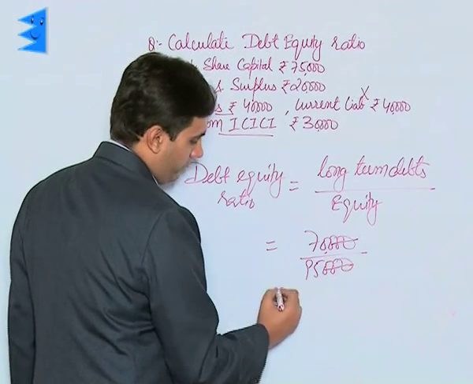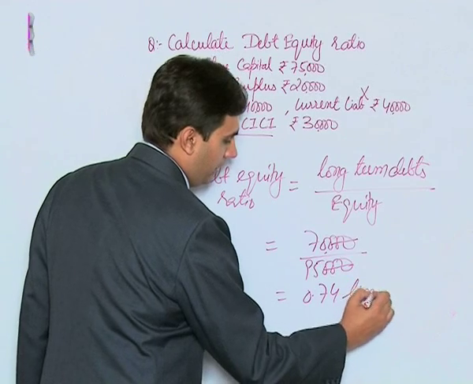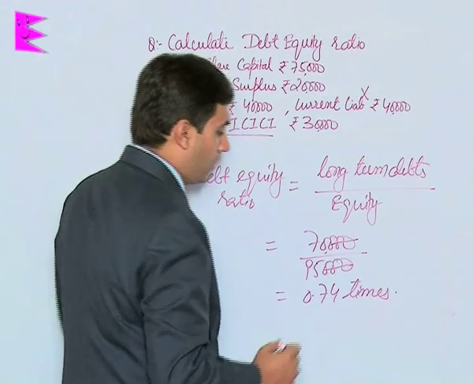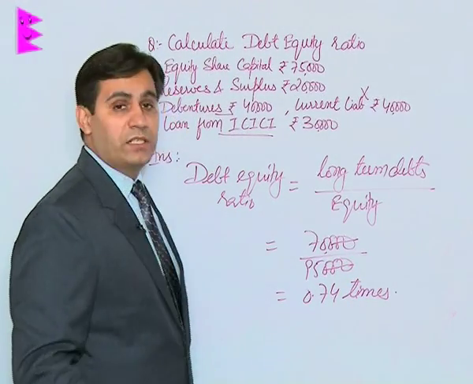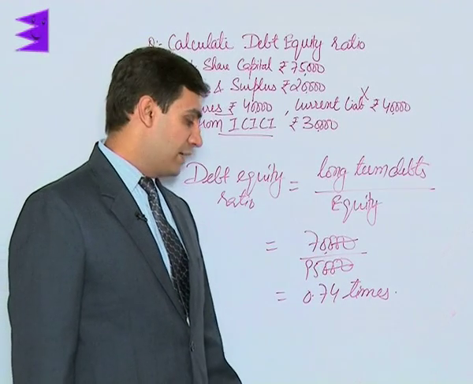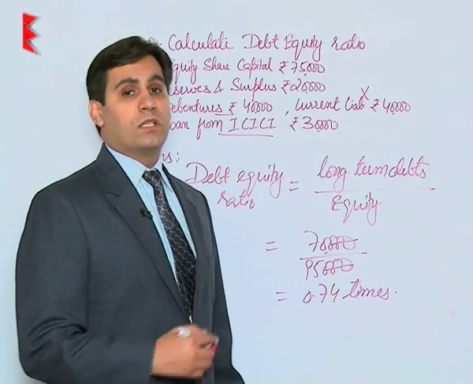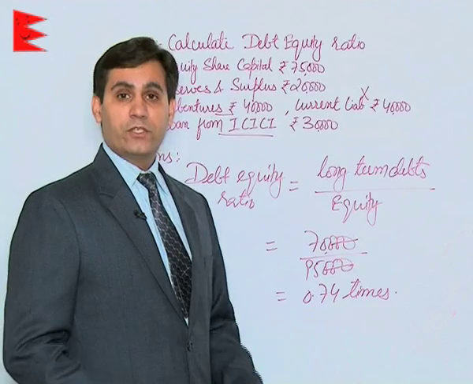On dividing it, we get an approximate value of 0.74 times. So students, what does this represent? It represents that our long-term debts are approximately 0.74 times or 74% of our owners' funds or the funds invested by the shareholders.